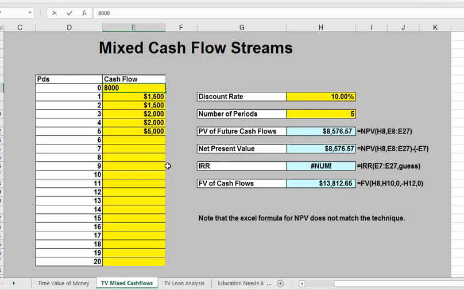Now, we need to have this $8,000 go in as a negative number, remember, because we are investing. That's a cash outflow.